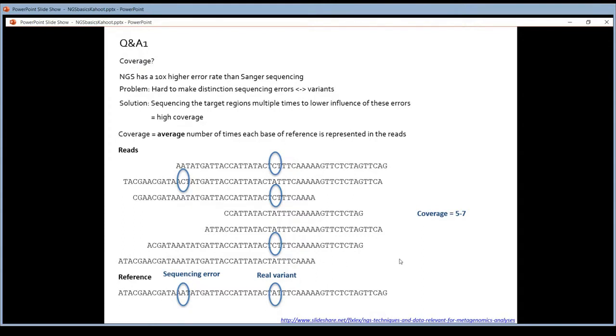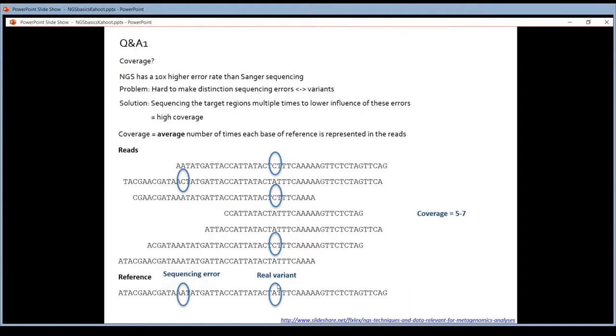This is the reference sequence, and these are your reads. You see that this part of the reference is covered in all these reads. And that's what they call coverage. It's the average number of times that every base in the reference sequence is covered in the reads.